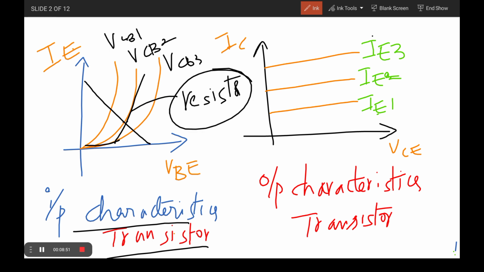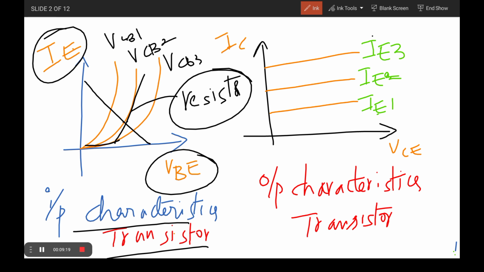At the same time, if you consider the output side of the transistor, in the CB configuration, the common base configuration, the base is common to the input. The emitter is the input current and the collector is the output current. On the input side, the emitter is the input current and VBE is the input voltage, so this is the input characteristics.